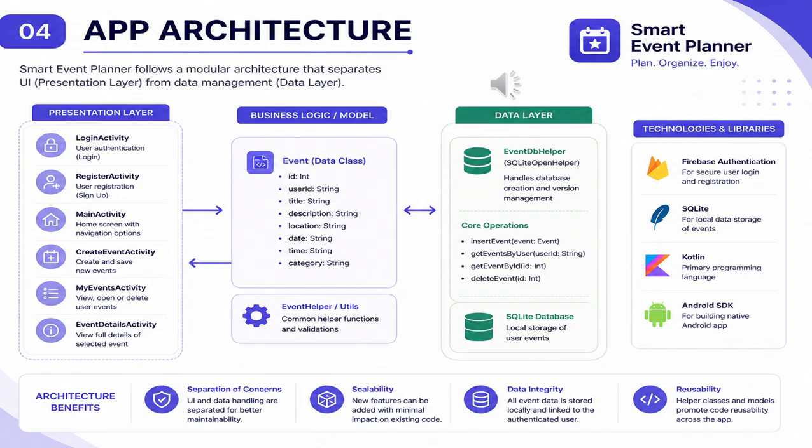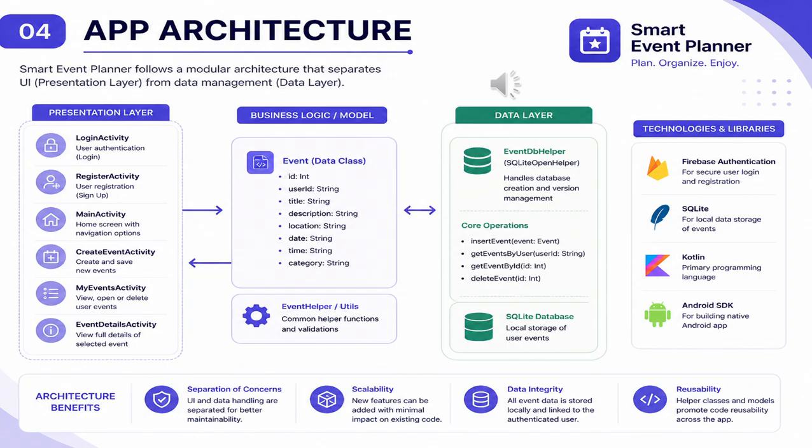The business logic layer includes the event data class, which defines the structure of event data used across the application. The data layer is managed using SQLite through the event database helper class, which handles operations such as inserting, retrieving, and deleting events.